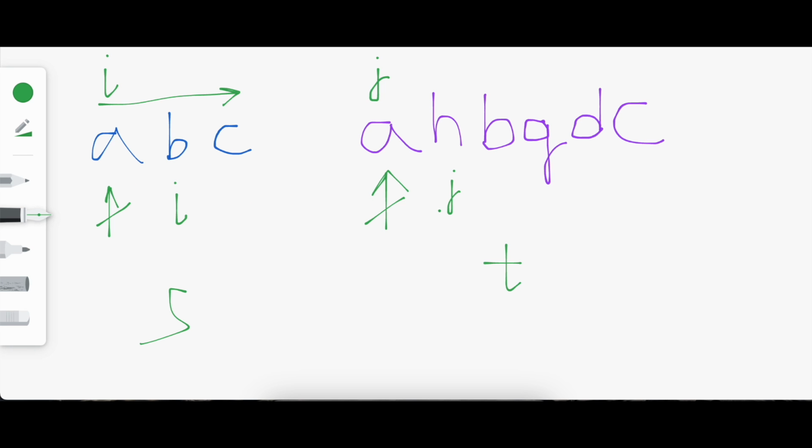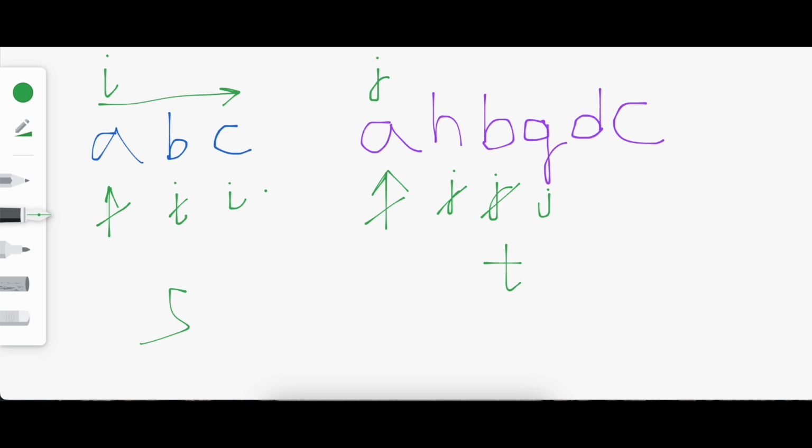So what will I do? I'll simply move my j pointer, because I cannot move my i pointer. I need that particular character to be matched with some character in the t string. So I'll just move my j pointer. Now again I'll check b and b. Now they are equal. So I'll move my j pointer, and I'll also move my i pointer, because there was a match.